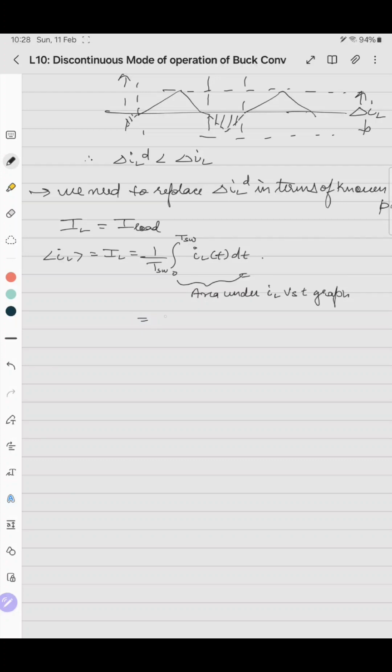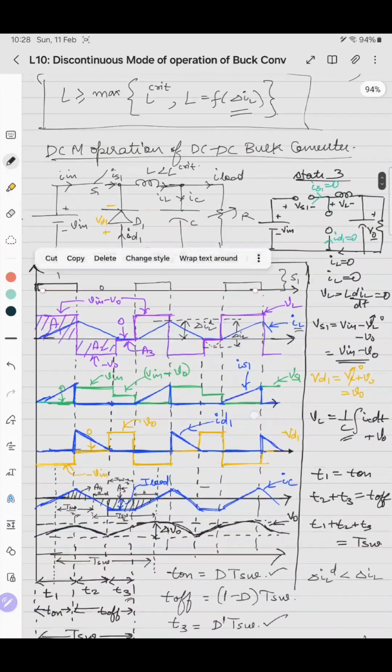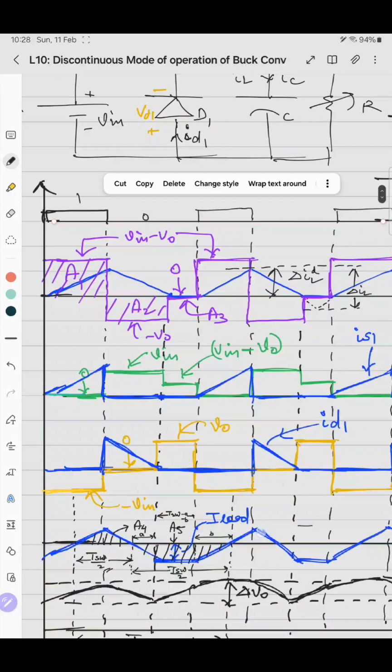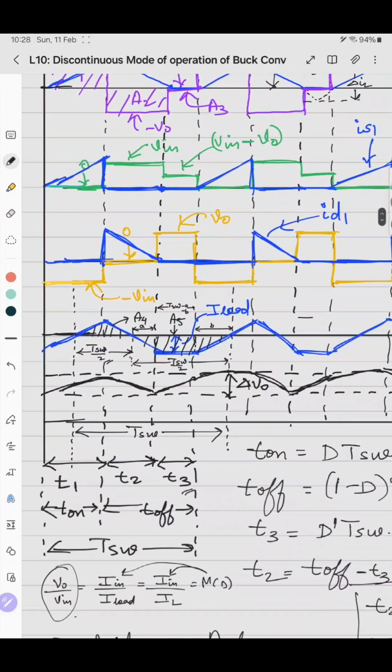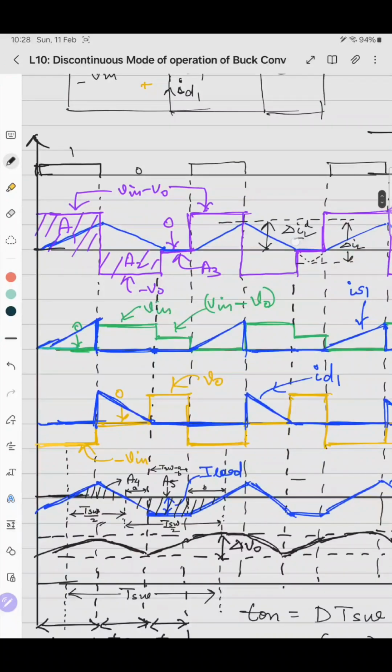So you can write it as area into F switching. What is the area? We can write this area now. This triangle, the area is half into base into height. What is the base? It is T1 plus T2, because the triangle is spanned over T1 plus T2 and the height is delta IL of T, which is mentioned here.